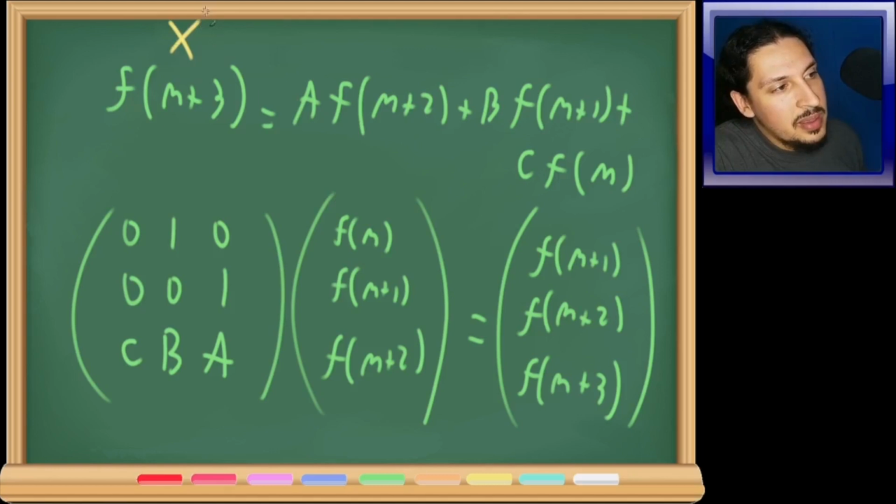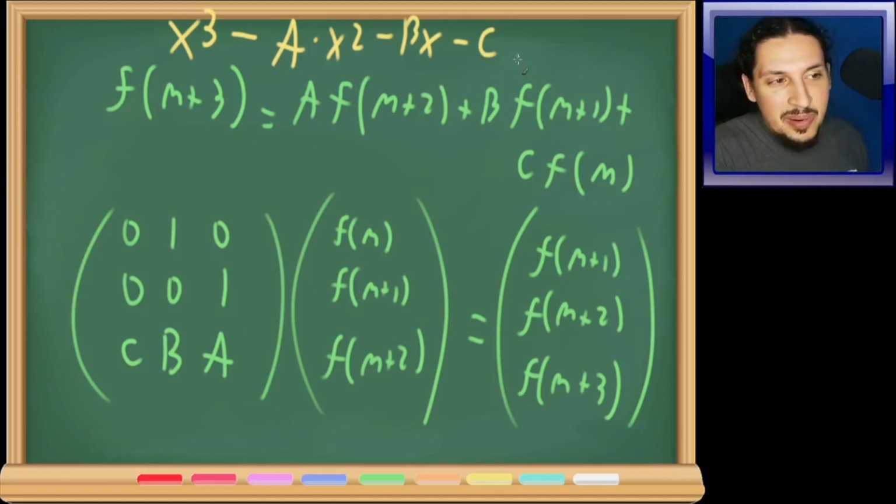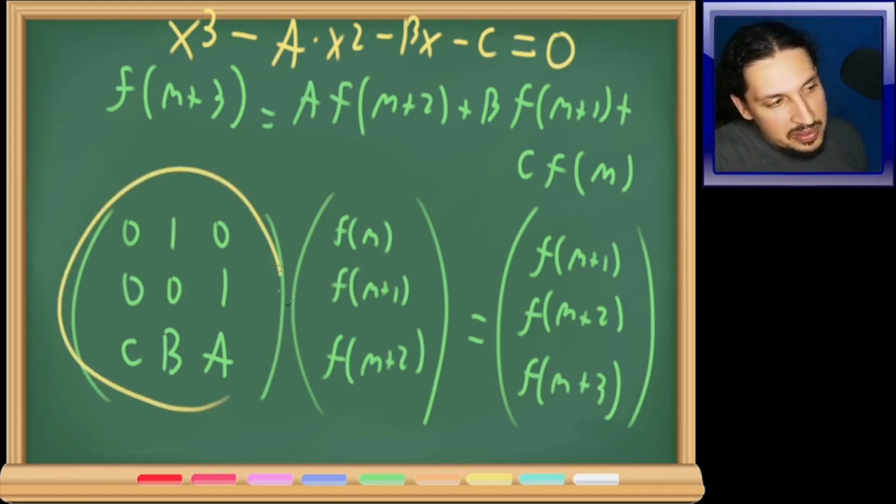So here it is x cubed, because we have the 3 here, minus a times x squared minus bx minus c. This always holds. This has to be the characteristic polynomial of this matrix. But we don't care about the characteristic polynomial. Actually, all that we care is that this is 0, which always holds for the characteristic polynomial.